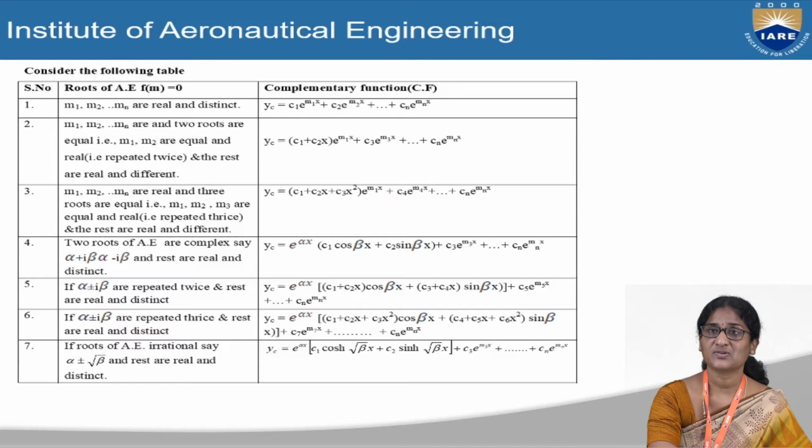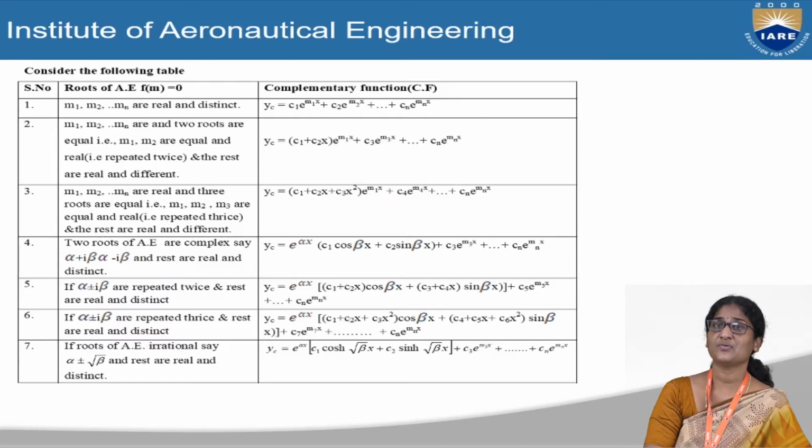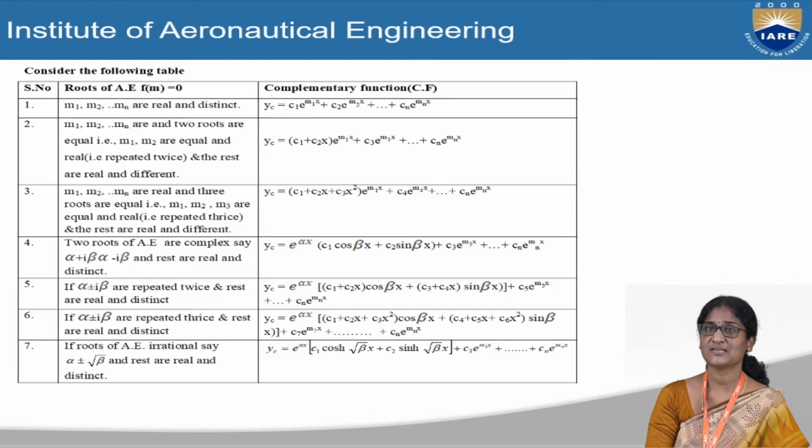While solving the auxiliary equation, suppose there are n roots and they are real and distinct, then the complementary function is written as yc is equal to c1 e to the power of m1 x plus c2 e to the power of m2 x, and so on up till cn e to the power of mn x.